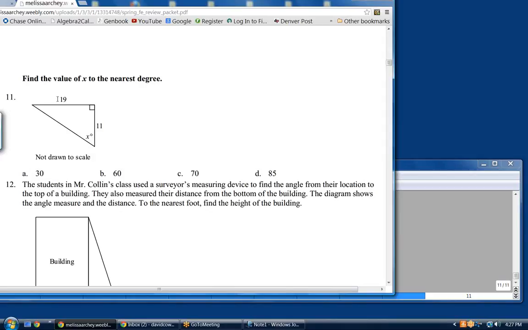The bigger side has to be opposite the bigger angle. Well, I know this has to be the bigger angle of these two. These two have to add to 90, and x has to be bigger than this one here. So 60 is a very reasonable answer. Right. Okay.